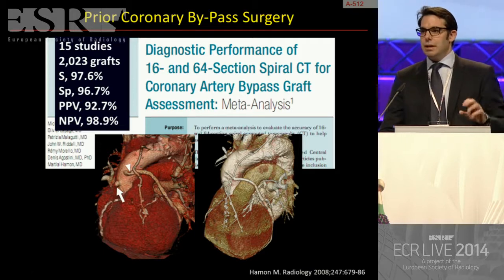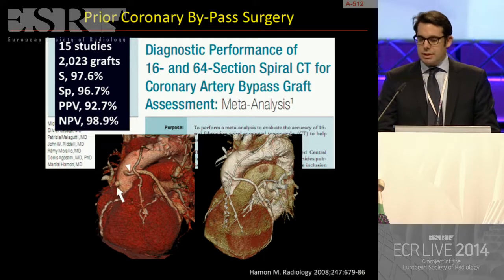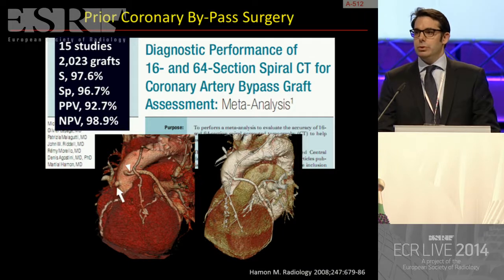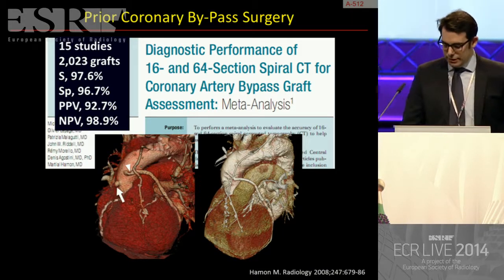However, most of these studies are not evaluating the native coronary vasculature. So to assess the bypass grafts, and that's a clear indication according to the appropriateness criteria, we should do a CT. However, you will find many difficulties when we try to assess the native coronary vasculature.